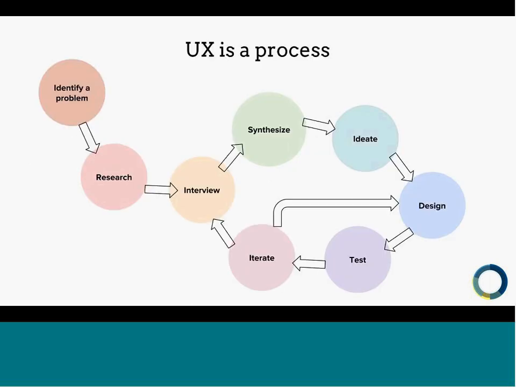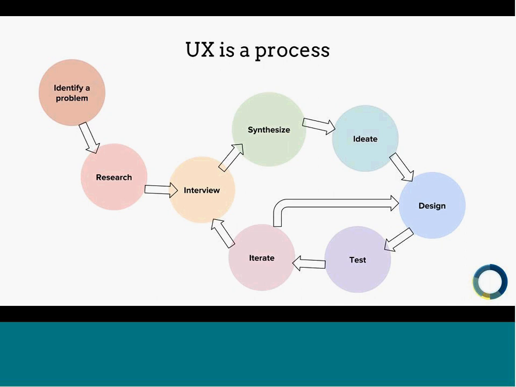So that being said, UX is a really long process, and that doesn't necessarily mean it's hard. It's just a process. So here is a diagram that I've put together of my process and the UX process that we do within the Commerce Data Service.